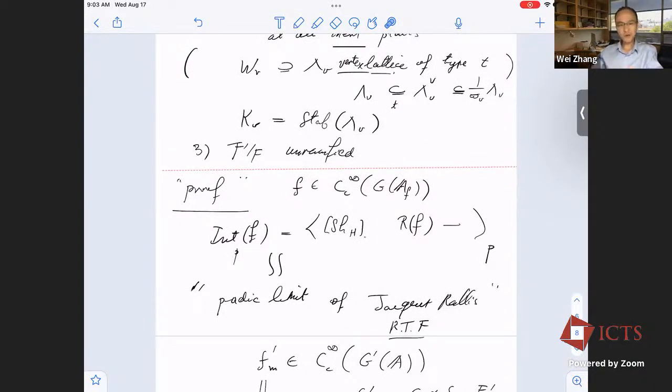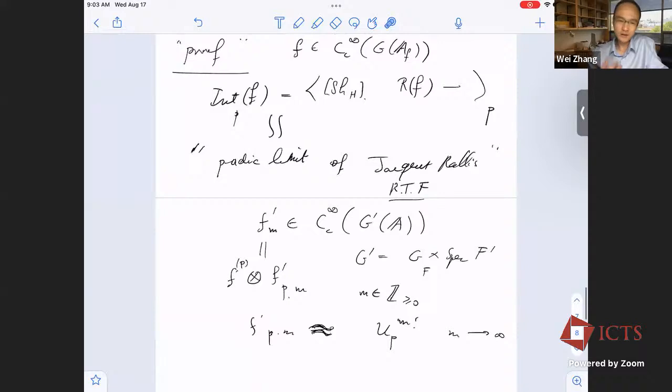For places above P, for the local heights we argue like Perrin-Riou and Disegni's earlier work, that under this sort of limit the local height at P converges to 0. On the analytic side, we also argue the orbit integral has no contribution above P if P is split.